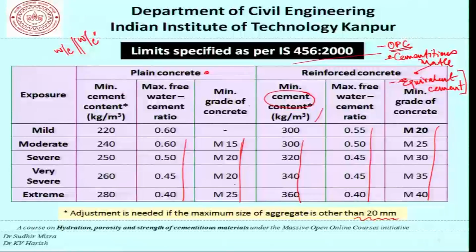Therefore, it becomes imperative that we pay greater attention to specifying the grade of concrete or build in the permeability kind of requirement. We say that we want a concrete which has a certain permeability regardless of what kind of cement or what kind of water cement ratio or water to cementitious material ratio has been used.